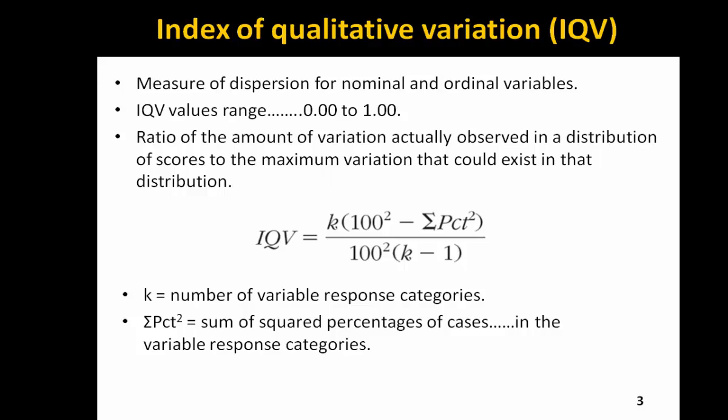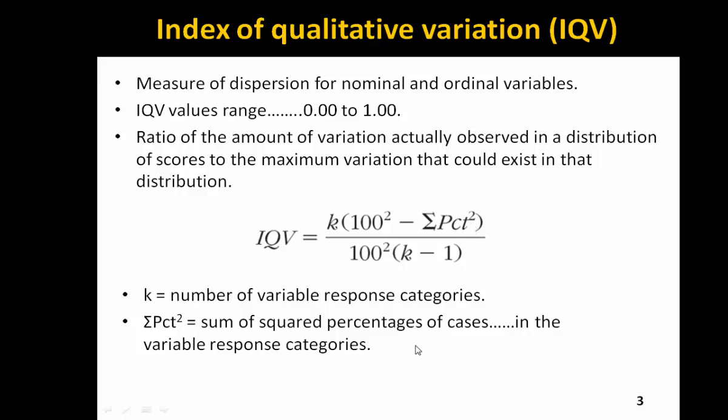In this case, the K refers to the number of variable response categories. In the next example, we're going to examine a dichotomous variable and apply that to the calculation of the index of qualitative variation. The other major term that we need to calculate here is the sum of the percent squared, and we'll step through that example shortly.